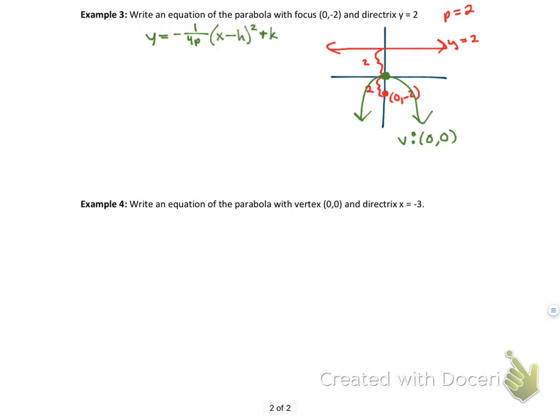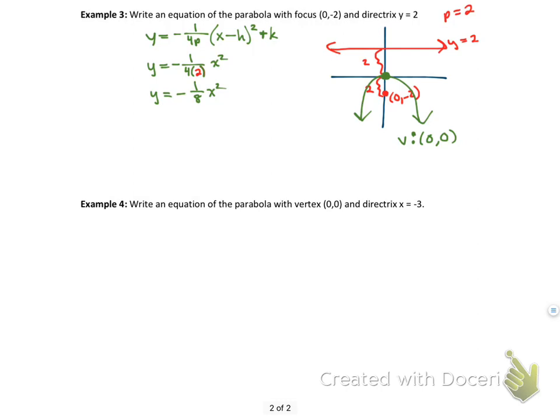That's the formula I'm using. That was on that first page. hk is the vertex, so it's 0, 0. P, well, we said p was 2. So y is going to be negative 1 over 4 times 2. And then h and k are 0, so we just put x squared. Well, 4 times 2 is 8. So that's the answer.